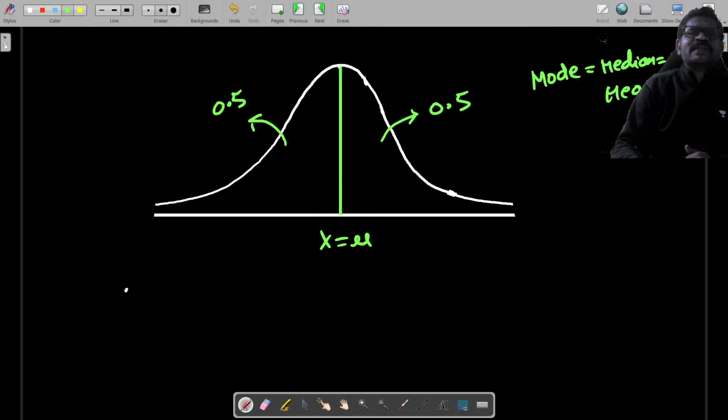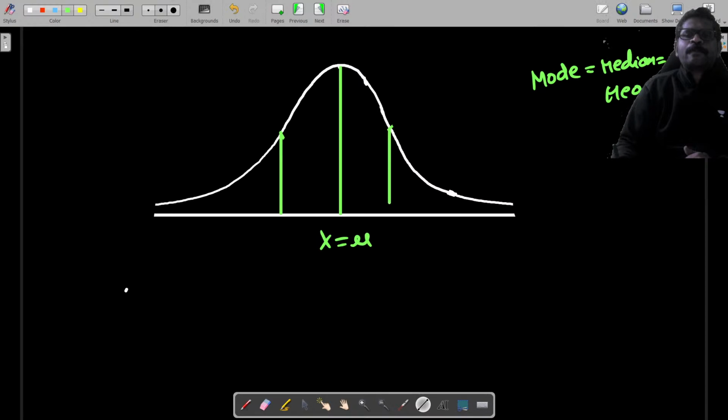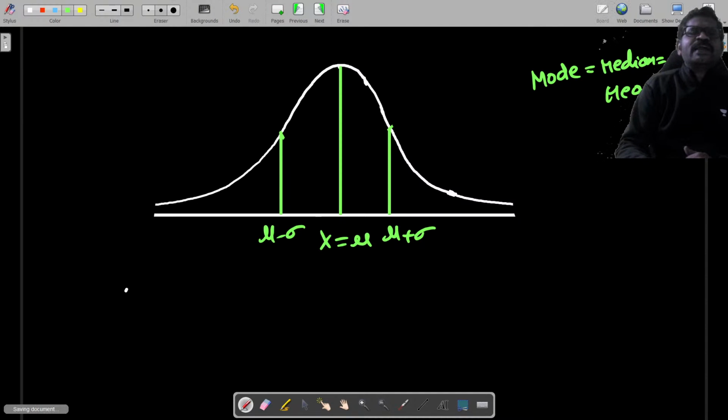Another thing, the area bounded by mu minus sigma to mu plus sigma is 68%.